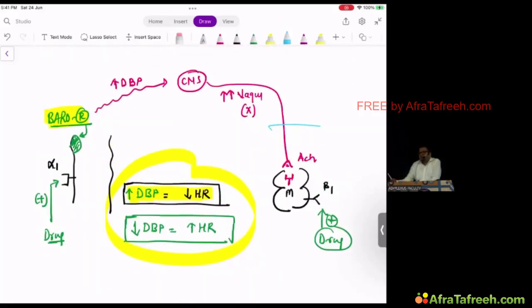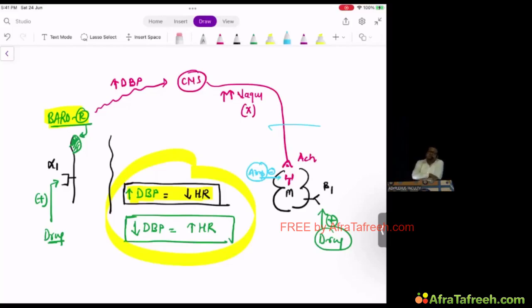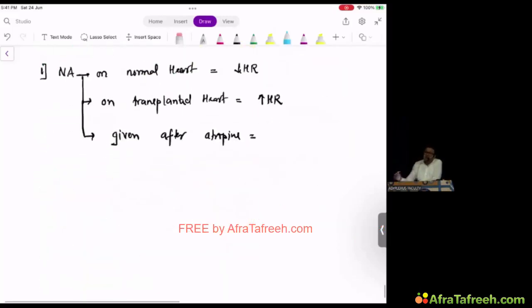Block them with atropine. Can vagus act now? Vagus is acting by which receptor? It releases acetylcholine. Acetylcholine acts on which receptor? Which you have blocked. So now which action is again gone? Reflex action is gone. So again it will cause tachycardia.